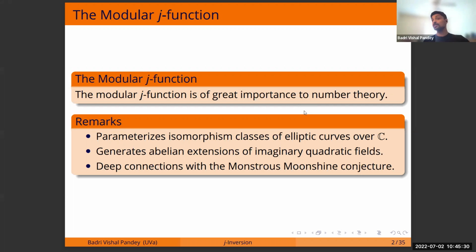And third, which is recent, the most famous result inspired by the J function, the most important result that has come in modern number theory, is its deep connection with the monster moonshine conjecture. So what is the moonshine conjecture?